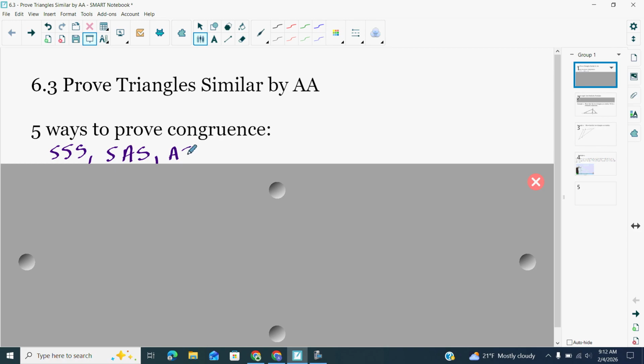We had angle, side, angle: two corresponding congruent angles, and the side between them was congruent.